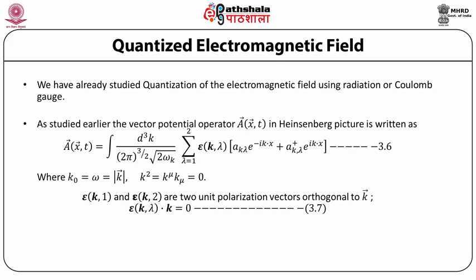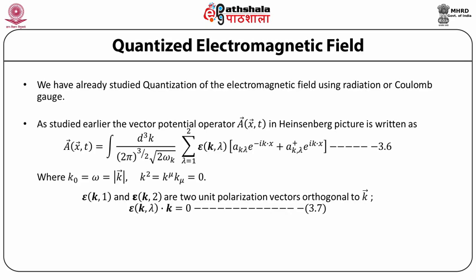As studied earlier, the vector potential operator A vector of x vector, t in the Heisenberg picture is written as A vector equal to the integral of d cubed k over (2 pi) cubed times 2 omega k, summation over polarizations lambda equal to 1 and 2, multiplied by epsilon k lambda, the polarization part, into (a k exponential minus i k x plus a dagger k exponential plus i k x), where k naught is of course omega, which is also the magnitude of the k vector.